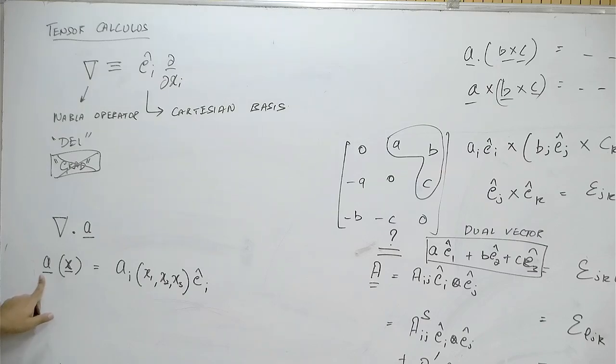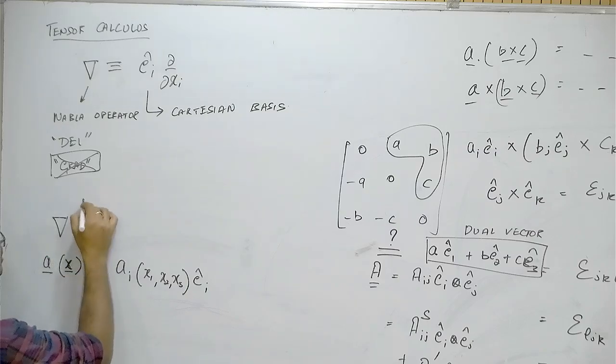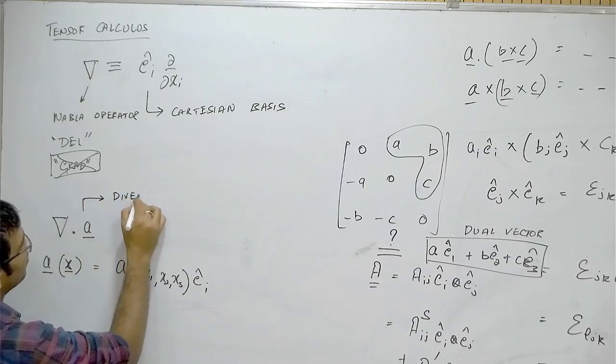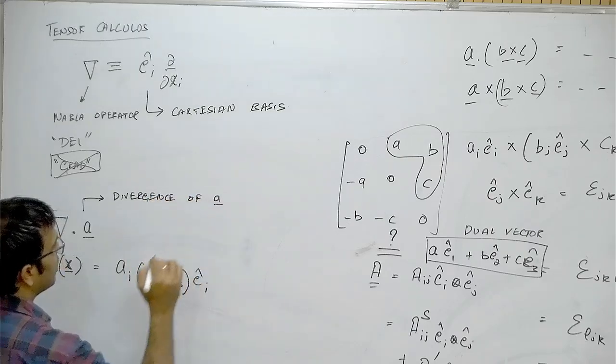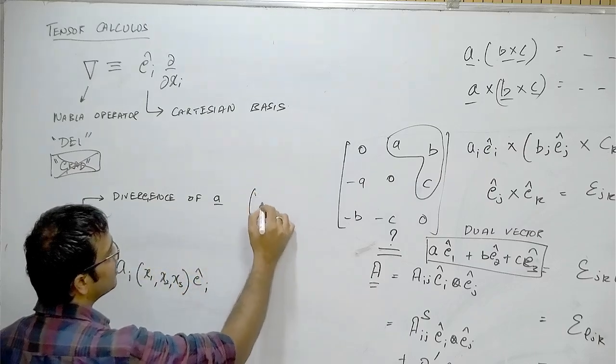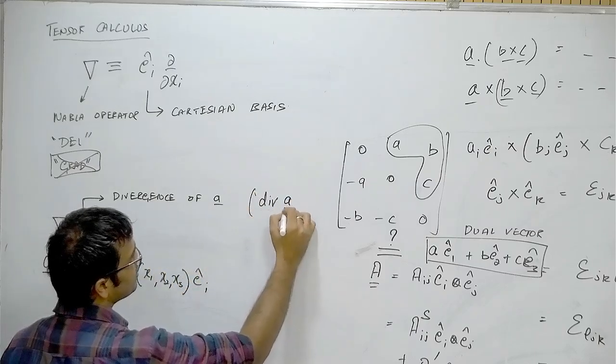So A is a vector field or a vector valued function, which is different at different spatial points, and for that I can define this operation with a dot product in between. It's called the divergence of A. You may see it written in some textbooks like this.